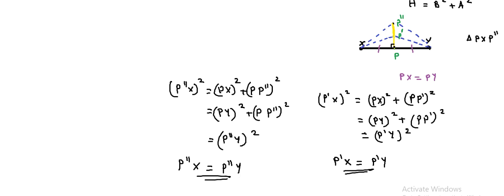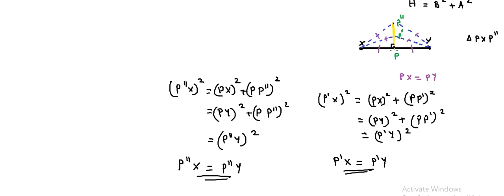So this length and this length will be equal. Similarly this length and this length is also equal. So if we move the point P along this line, the distance between that moving point and X will be equal to the distance between that moving point and Y. So we can move the point P along this perpendicular line.